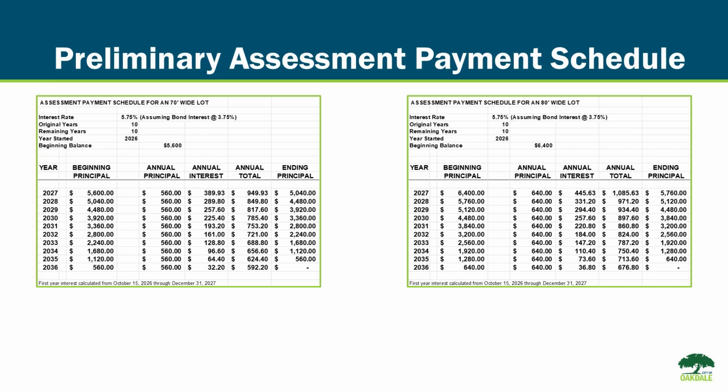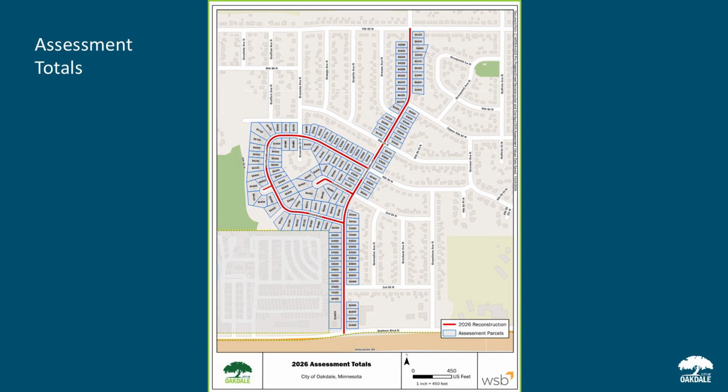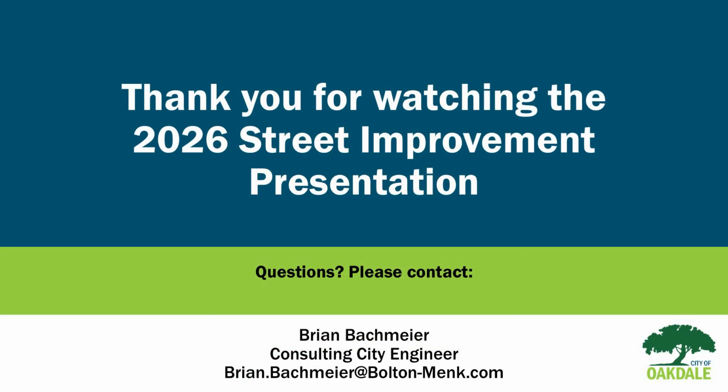Again, 1/10 the principal, $640, plus interest on the unpaid balance of $36.80, for a total annual payment in 2036 of $676.80. This is a map showing the total assessments on each parcel, determined by taking the adjusted frontage times the assessment rate. That concludes the PowerPoint presentation.